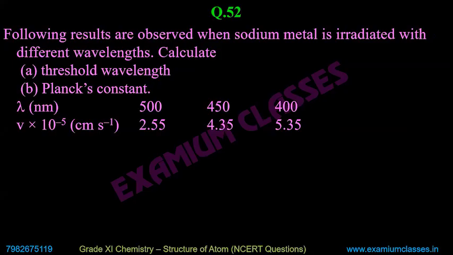Next, and this is a slightly tricky question, so pay attention. The following results are observed when sodium metal is irradiated with different wavelengths. Calculate the threshold wavelength and Planck's constant. So how can you use this data to calculate the threshold wavelength?